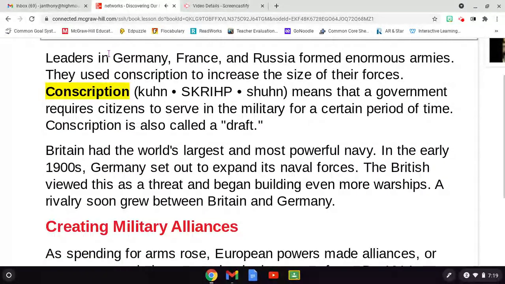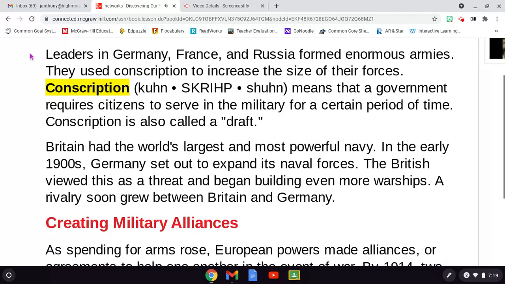Leaders in Germany, France, and Russia formed enormous armies. They used conscription to increase the size of their forces. Conscription means that a government requires citizens to serve in the military for a certain period of time. Conscription is also called a draft.